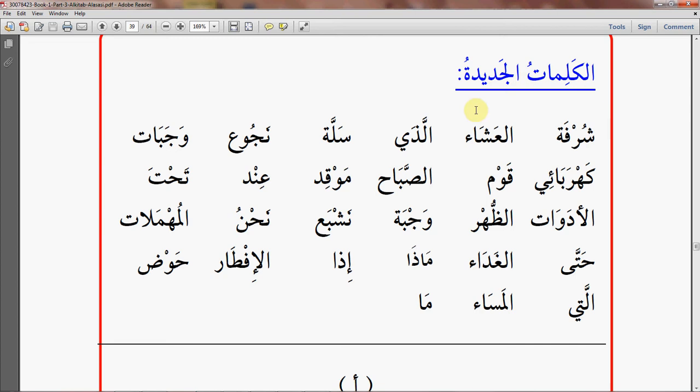Al-kalimatu al-jadida. Shurfa, balcony. Al-asha, the dinner. Alladhi, which, for masculine.